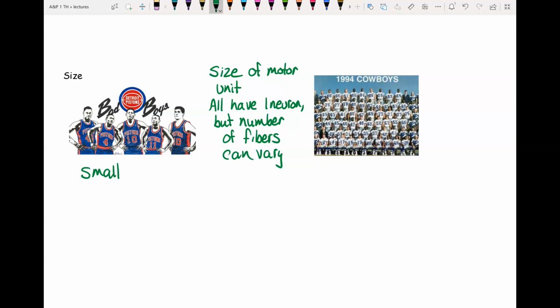Think of the neuron like the coach and the fibers like the players. So a small motor unit has only a few fibers per neuron. A large motor unit is like a football team. You have many fibers per neuron. And in a human body and the muscles, could be several hundred fibers per neuron.